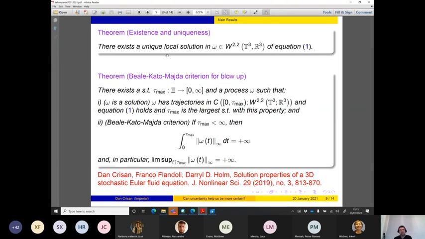So let's see what we can say about this. What we can say is that yes, there is a solution. In other words, there is some field that has these properties defined on the torus. It's square integrable together with derivatives of first and second order, right? But it's only a local solution, and by that we mean that we can only show that it is a solution up to some time, up to some stopping time.